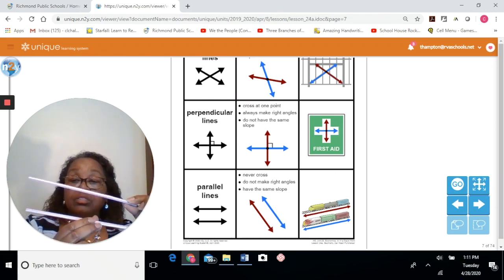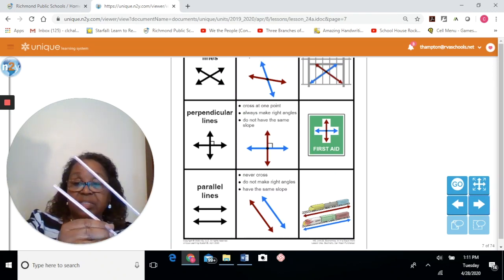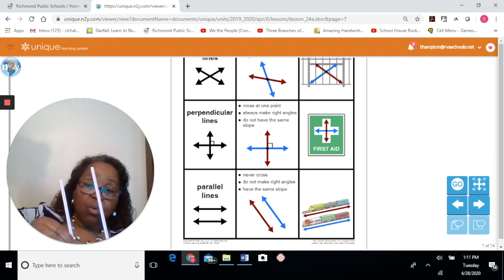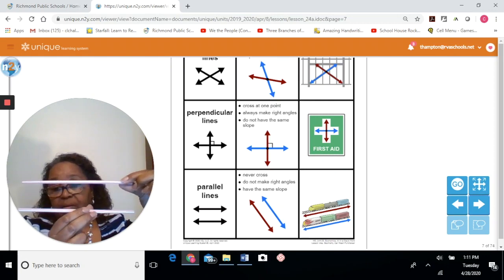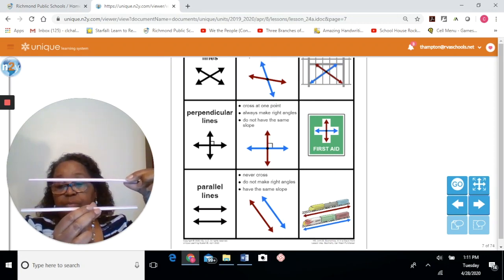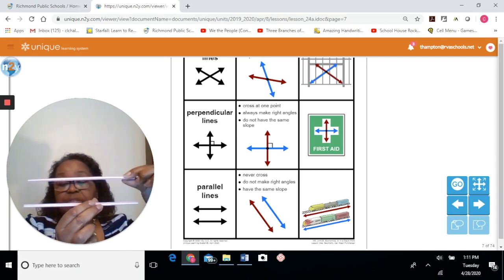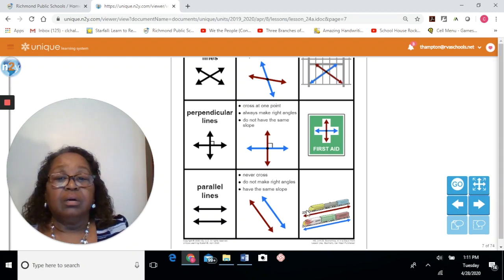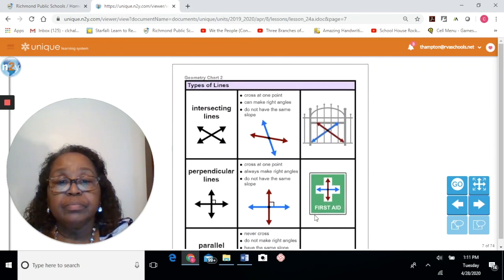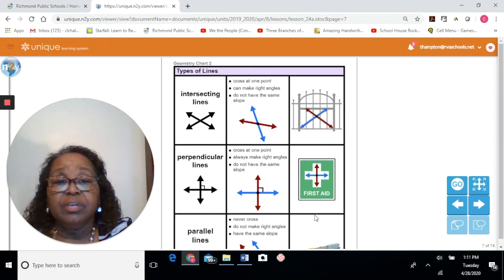They're only parallel if they have the same slope. They'll never intersect. Parallel lines. All right, we've learned a lot of good stuff here.